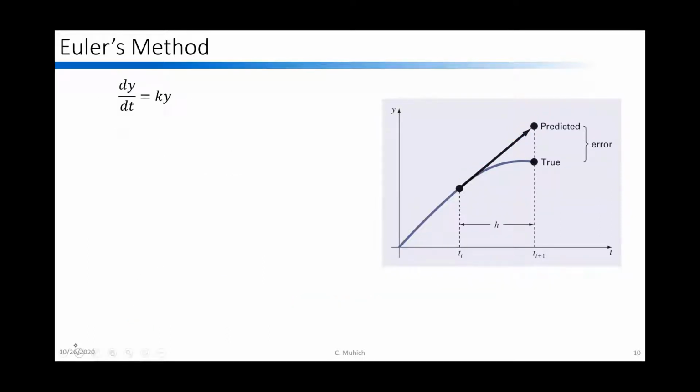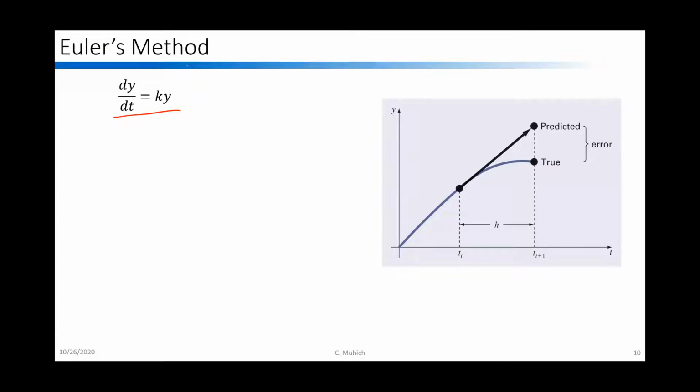And so let's go through and determine what my step size might be and what this increment function is. Let's do this for this function as an example: dy/dt equals ky. We're going to approach this by using our definition for what a derivative is.